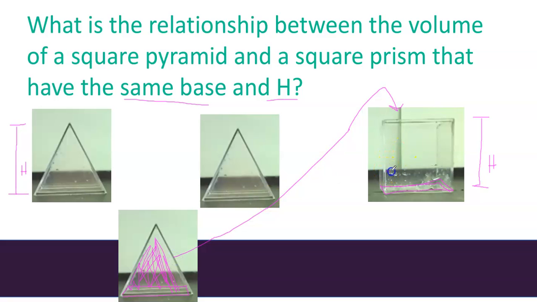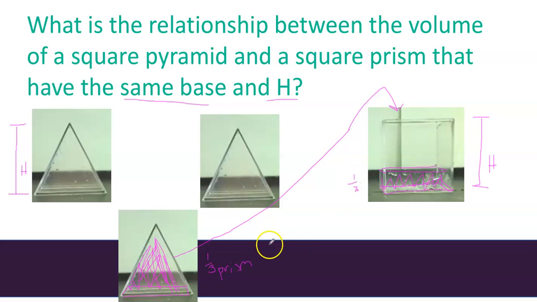It's going to fill 1/3 of the way with that water. So 1/3 of this square prism will be filled. So this square pyramid represents 1/3 of the prism. So this piece right here I'm also going to label as 1/3.